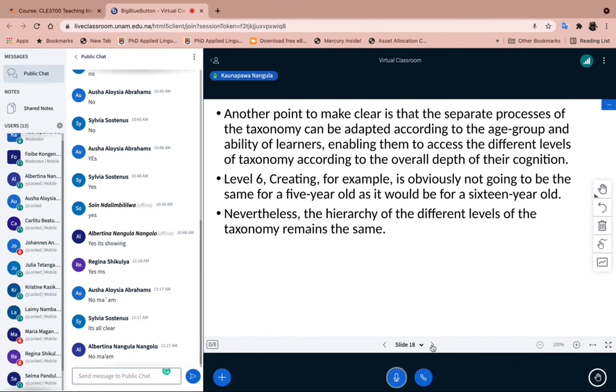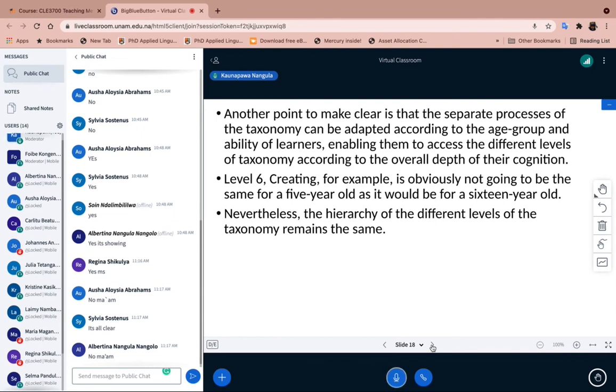All right, another point to make clear is that the separate processes of the taxonomy can be adapted according to the age group and the ability of the learners, enabling them to access the different levels of taxonomy according to their overall depth of cognition.